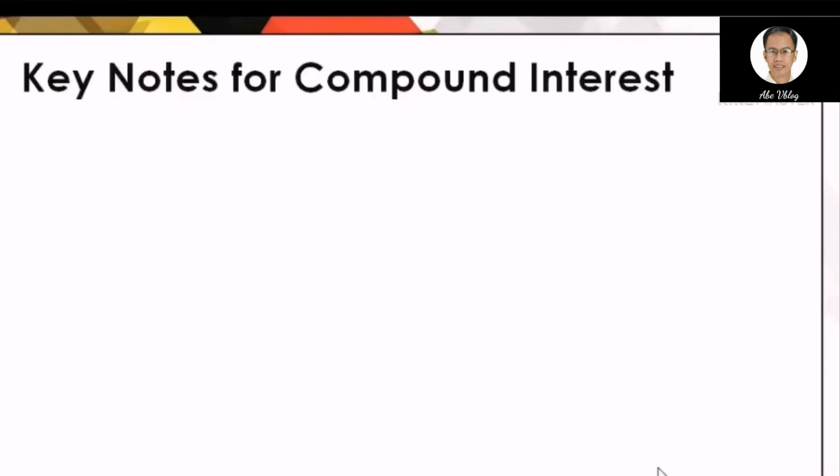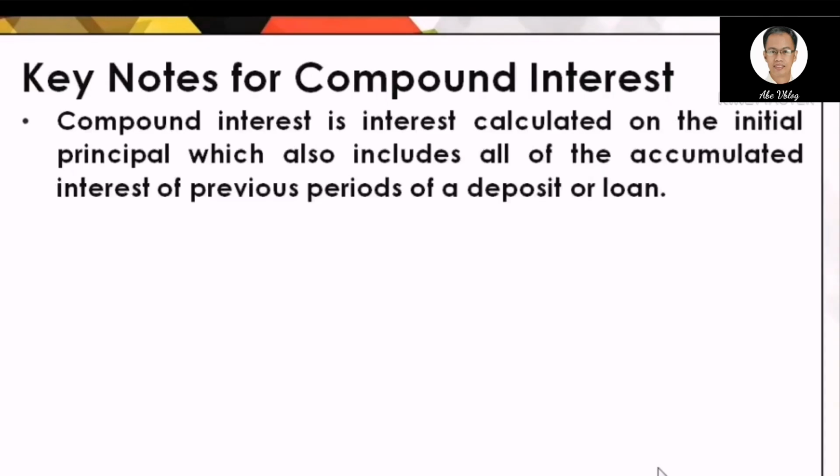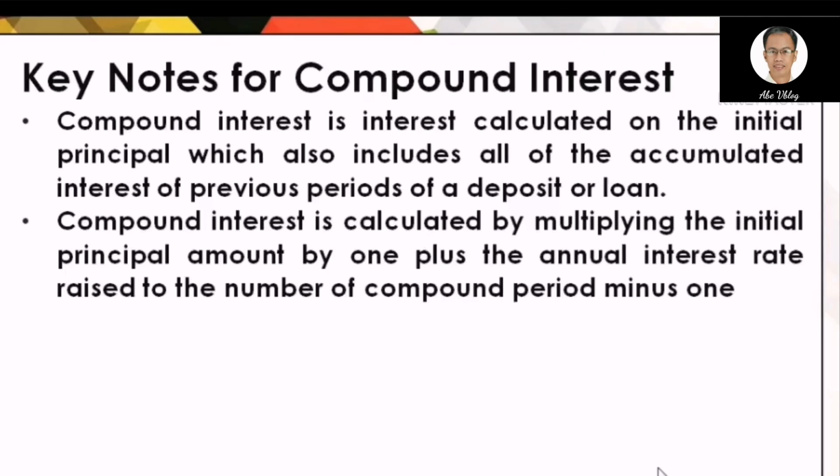Now let's have some important keynotes for the compound interest. Compound interest is interest calculated on the initial principal, which also includes all of the accumulated interest of previous periods of a deposit or loan. Another keynote is that compound interest is calculated by multiplying the initial principal amount by 1 plus the annual interest rate raised to the number of compound periods, minus 1.